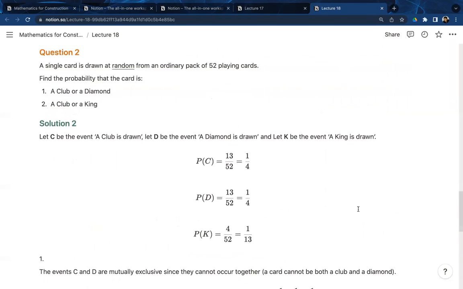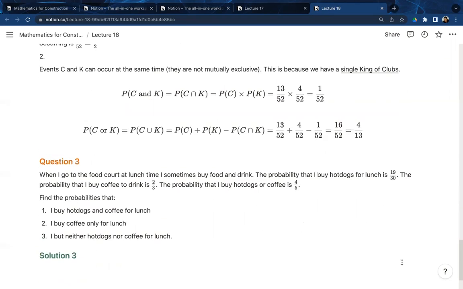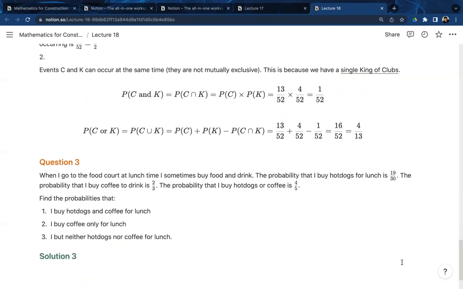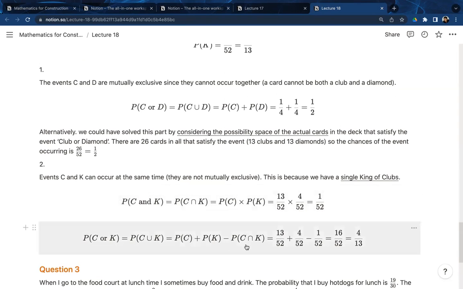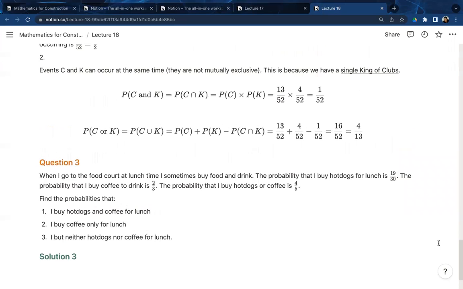Always start a question by saying what the events mean, because you're going to be using letters like F and G and R and M. Make sure you say what these things are. Don't just pelt us with mathematics, P of F and P of M, and you didn't say what it is. That's not polite. You shouldn't have to figure out what your notation is. So they asked for three things. What's the probability you buy hot dogs and coffee together? You sit down and you buy hot dog and coffee.